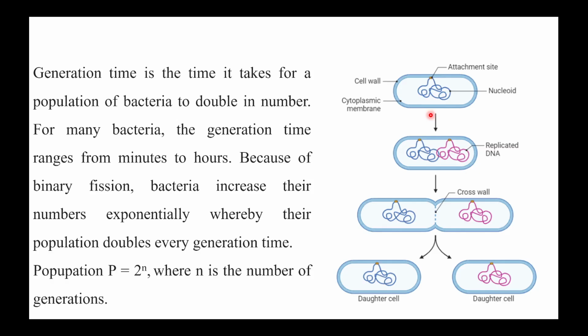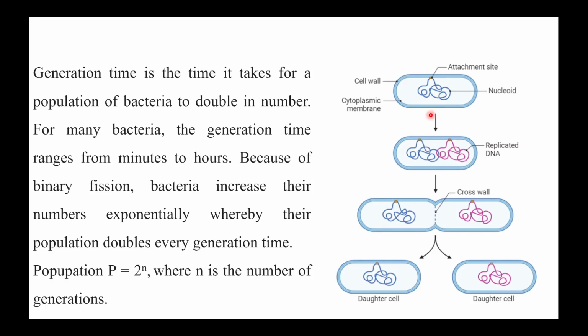Since this binary fission is happening, you can see every time the number will keep on doubling, right? So it will increase exponentially, and the total population, basically the number of bacteria in a population, will be equal to 2 raised to the power of n, where n is the number of generations.